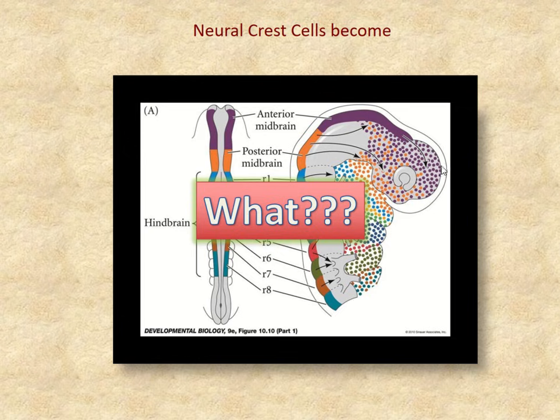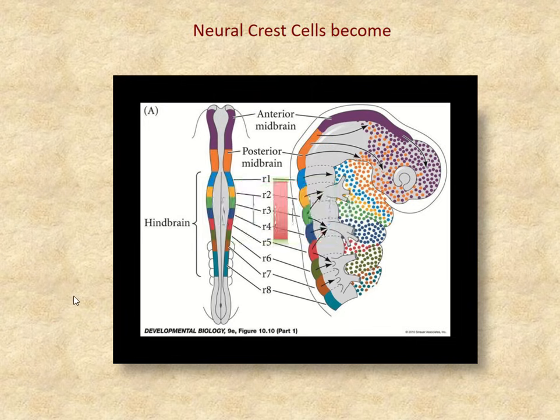And so that makes it different than the whole rest of your body. So in the head and neck, neural crest can become things like bone, things like muscles, things like other types of connective tissue that you'll learn about later on. But okay, I just want you to hold on to that pattern here.